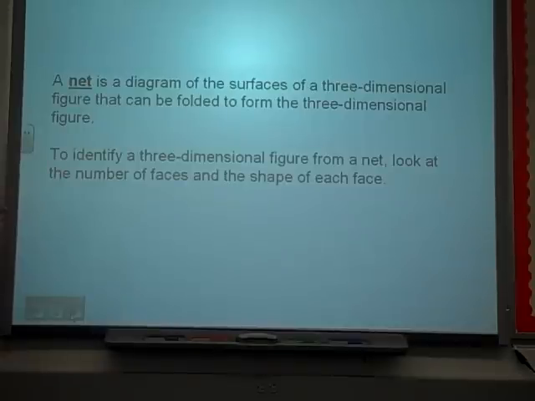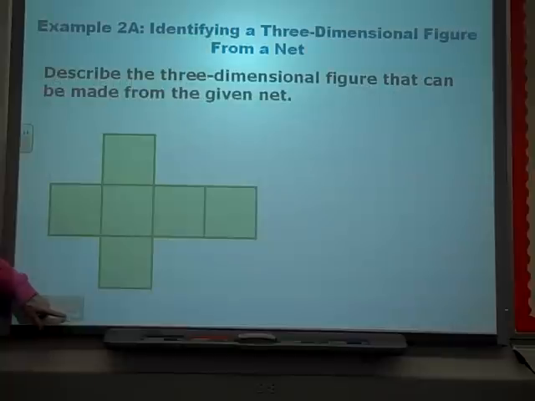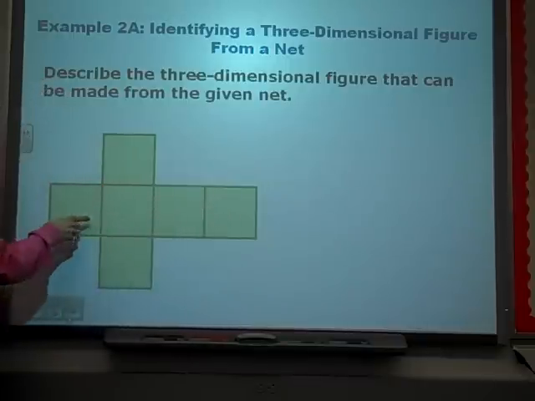Now a net is a diagram of that surface. It's 2-dimensional, but you could fold it to make the 3-dimensional object. And to identify a 3-dimensional figure from the net, look at the number of the bases, the shape of each face, see how you could fold it in. Imagine it folded up. Now let's take a look at this net. You see it's got 2 bases, 4 faces.